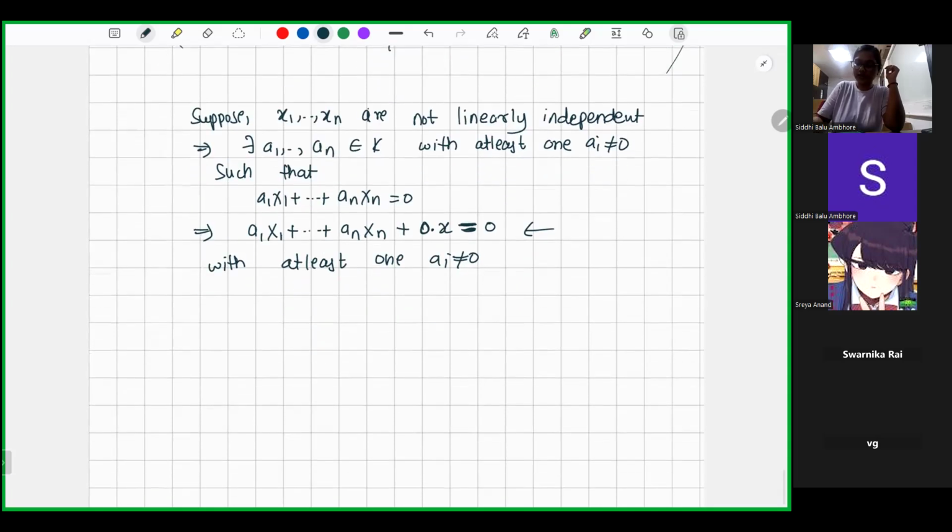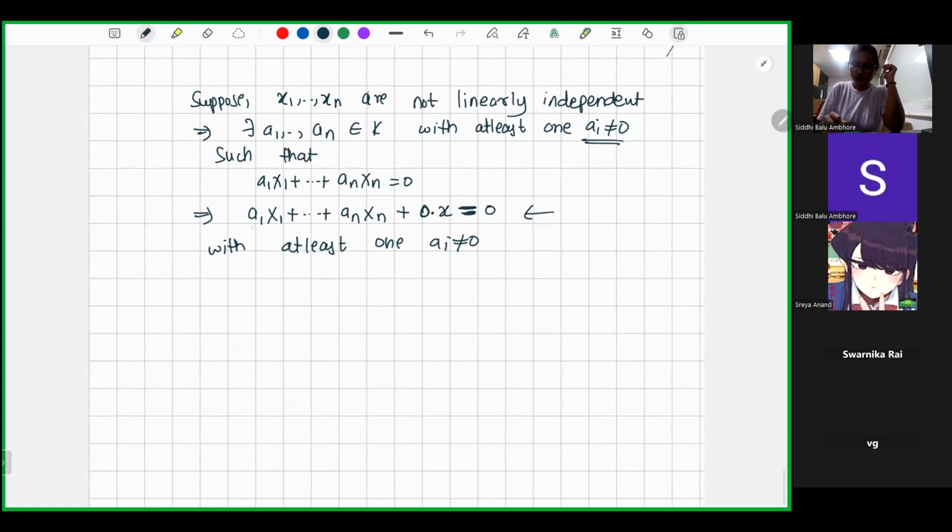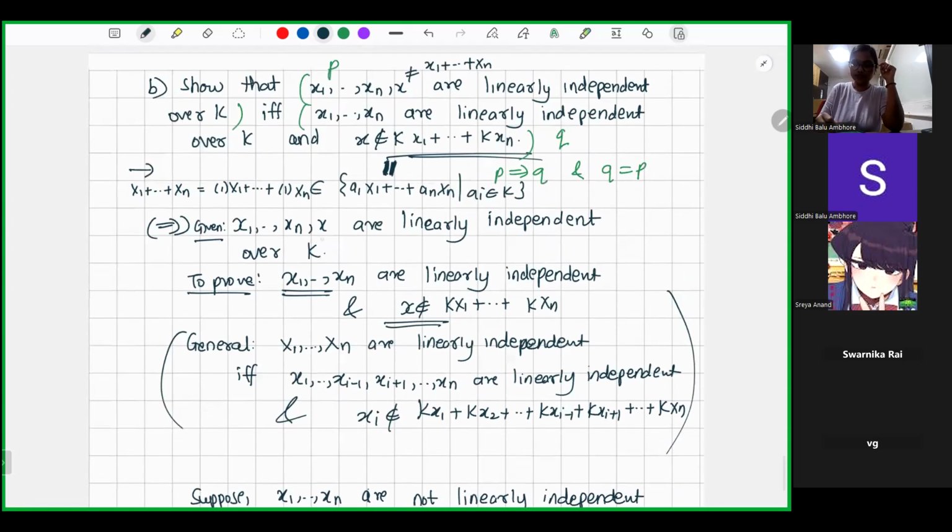Because that's what we started with. So this implies that x1 to xn, x are linearly dependent elements. But this contradicts my given assumption that these are linearly independent. Is this okay?